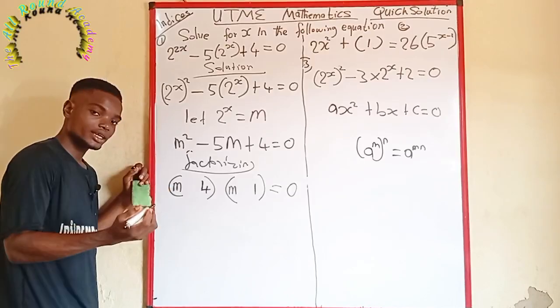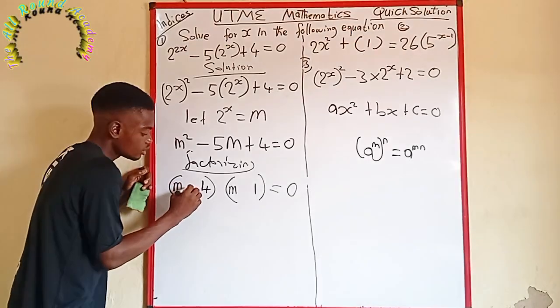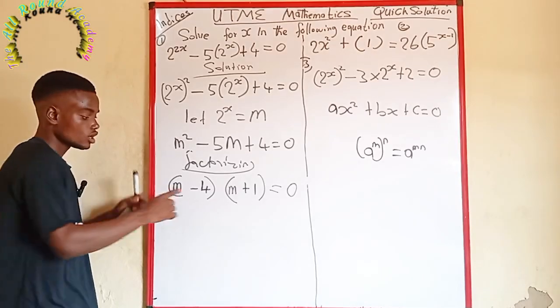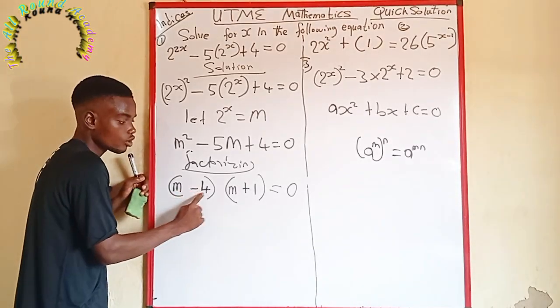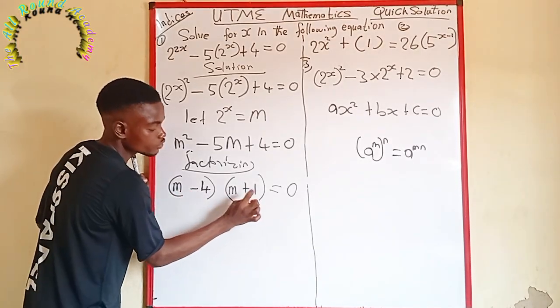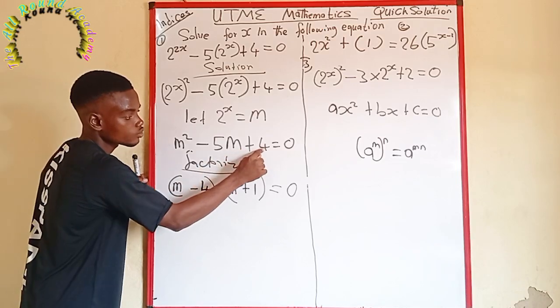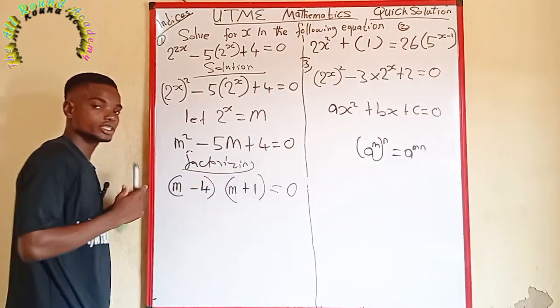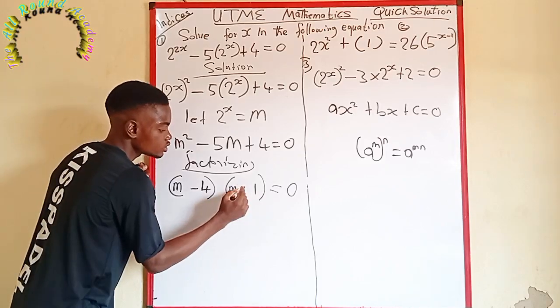Now, can we put signs to it? Let this be negative 4 and let this be positive 1. Negative 4 multiplied by positive 1 gives negative 4. So it has altered this constant instead of positive 4. Hence, I could put a negative here.